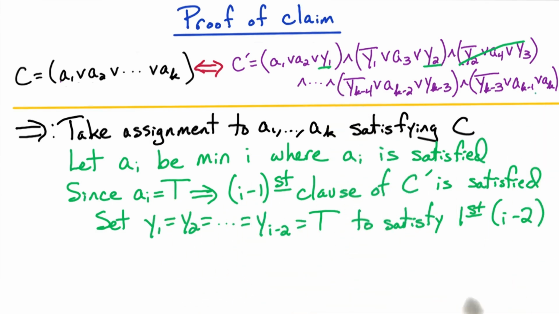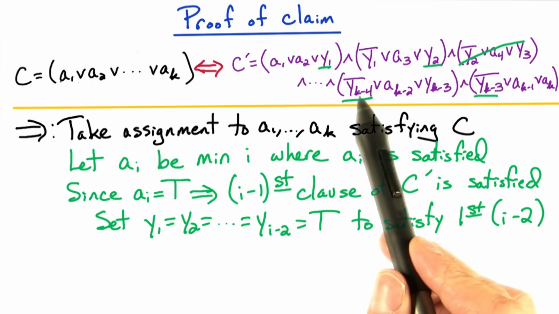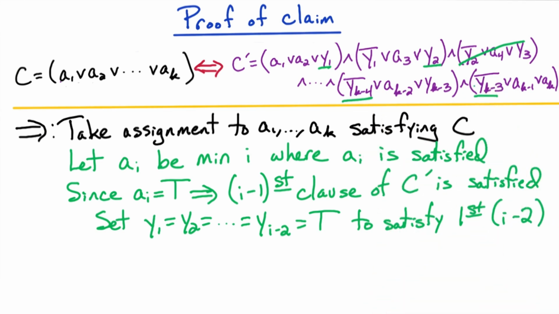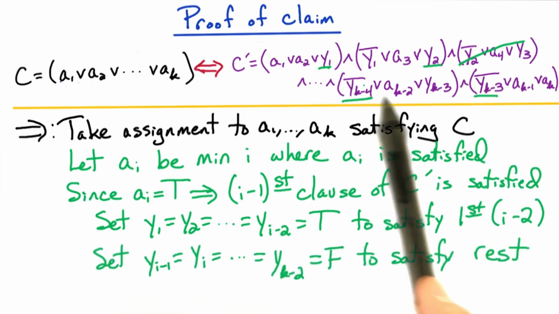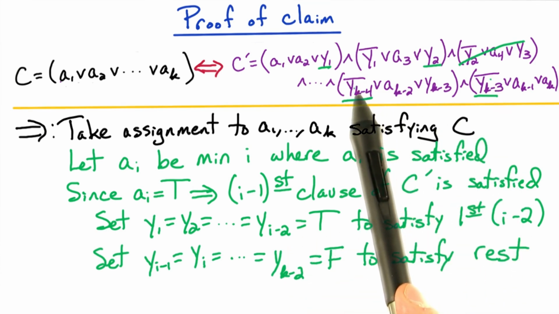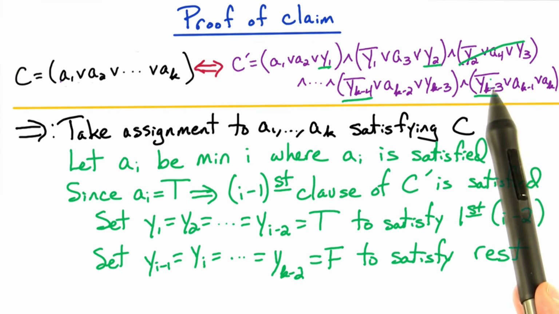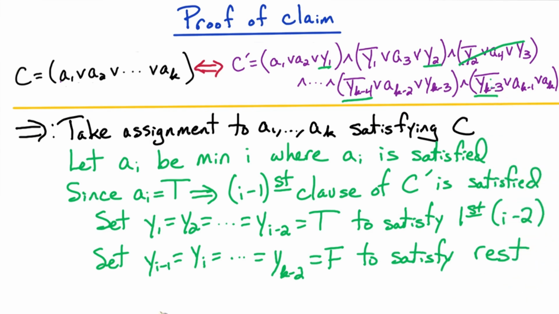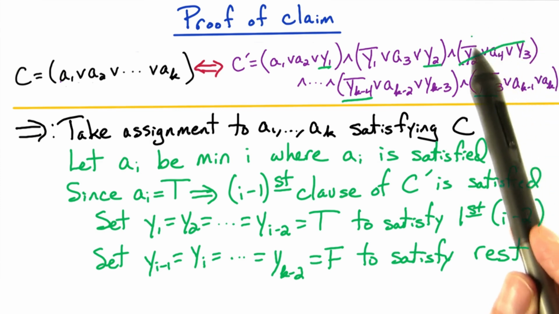What do we do about the later clauses? Well, here we're going to use the negative form of these auxiliary variables. We set the remaining auxiliary variables to false. In this case, y_{k-4} bar and y_{k-3} bar. And in general, we set y_{i-1} through y_{k-2} to false, and this satisfies the remaining clauses which appear after the (i minus 1)th clause.